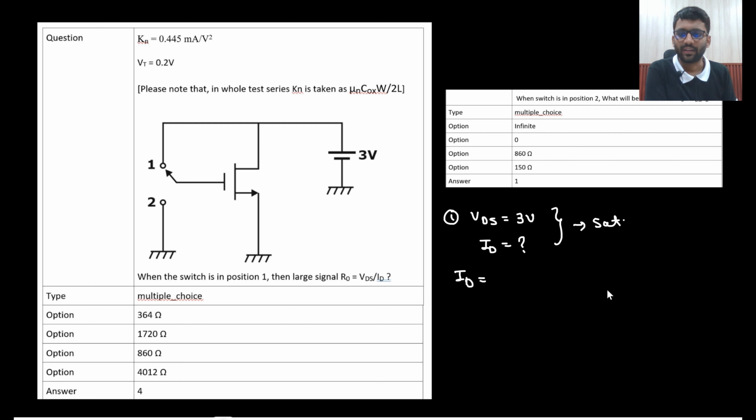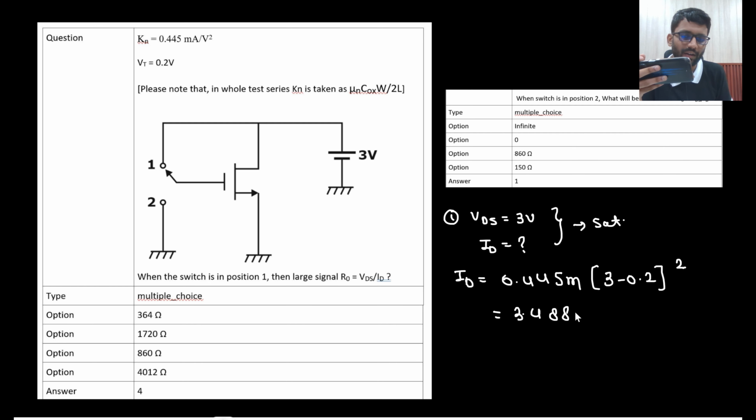So ID would be equal to Kn mu n Cox W by L, VGS minus VT whole square, VGS is 3, so 2.8 whole square into 0.445. So 3.488 milliampere.